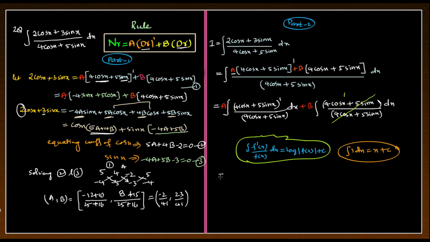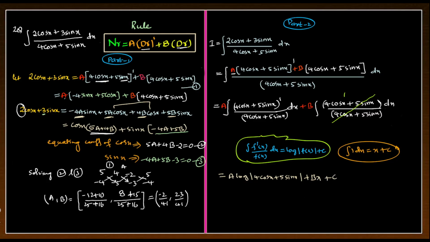Now the first term uses the formula log mod f of x. Log mod f of x means our denominator, that is 4 cos x plus 5 sin x, plus b, and for the second term, integration of 1 is x plus c.